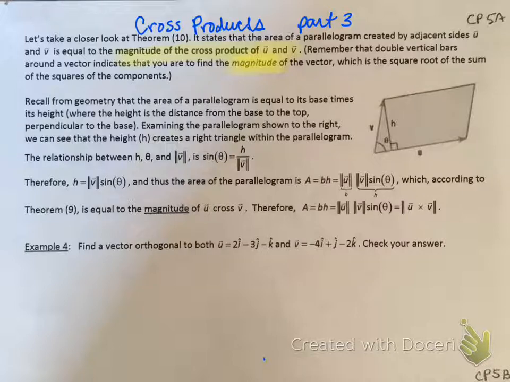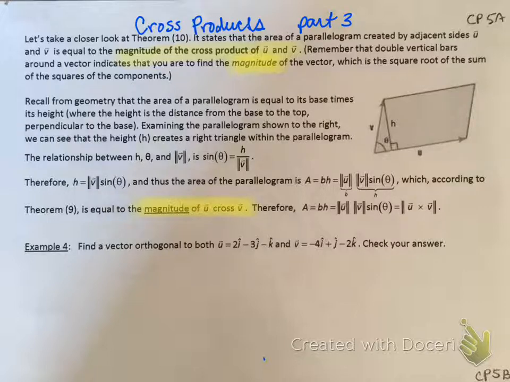So this is the skinny of it right here, the magnitude of u cross v. If we have to find the area of a parallelogram, you're going to have to cross the two vectors that you're given, and then find the magnitude of that.